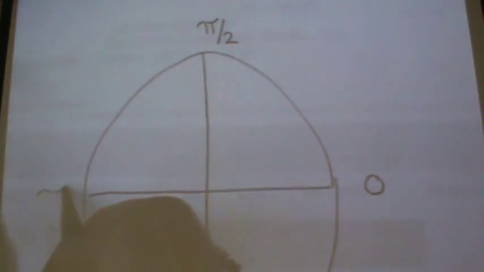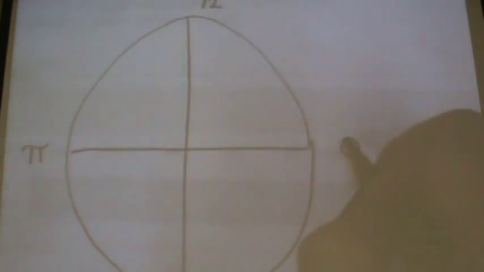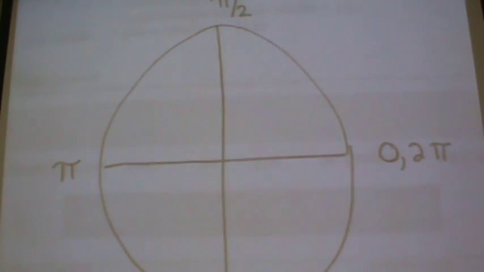watch me draw this circle. Okay, here's your circle. Zero, a half, 1, 1.5, and what else do we call this one? 2. Now let's do the quarters.